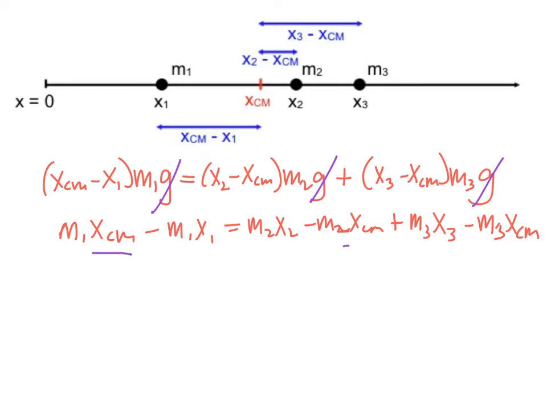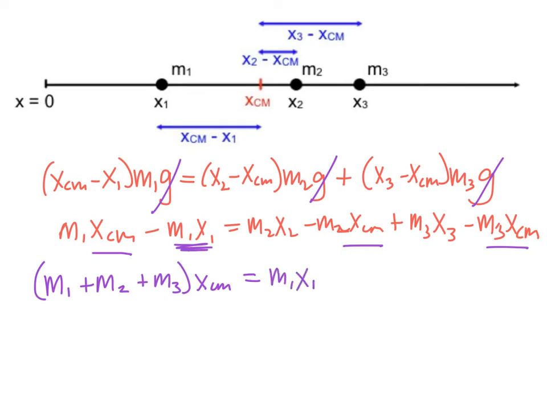So these three I'm going to bring over to the other side. And so I'd have m1 times xcm, and also, because it would become positive on this side, m2 times xcm. I'm going to add these together and factor, and then m3 times xcm. On the other side, I bring this m1 x1 over. And these are all positive as well.